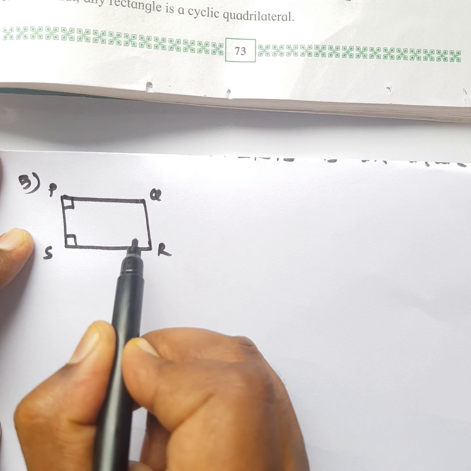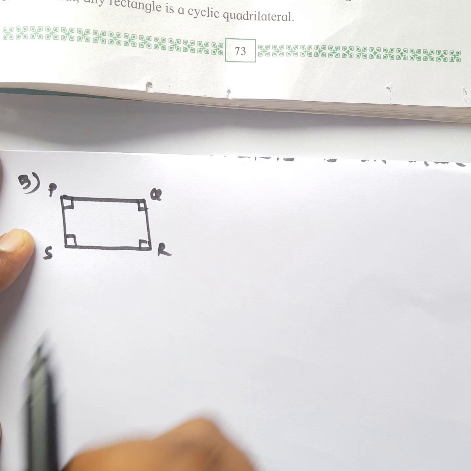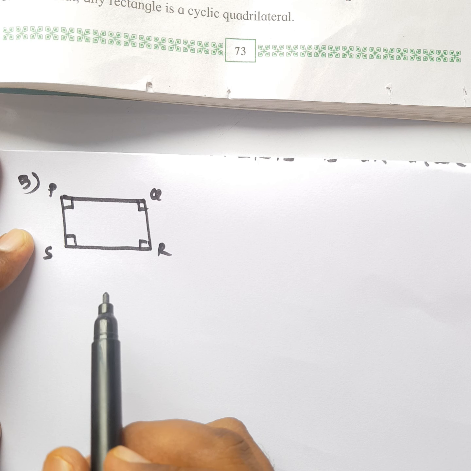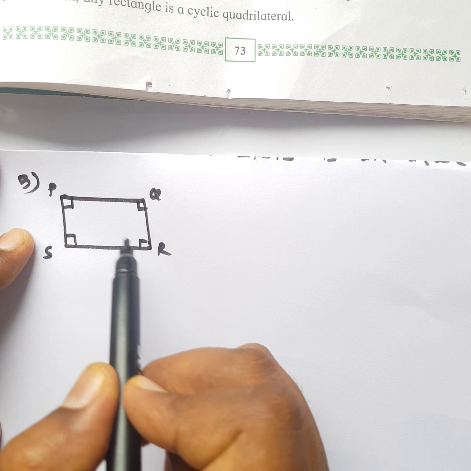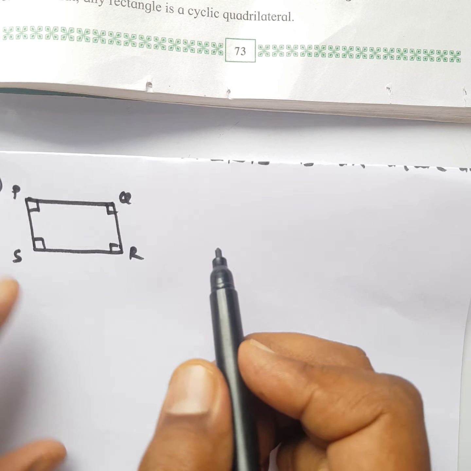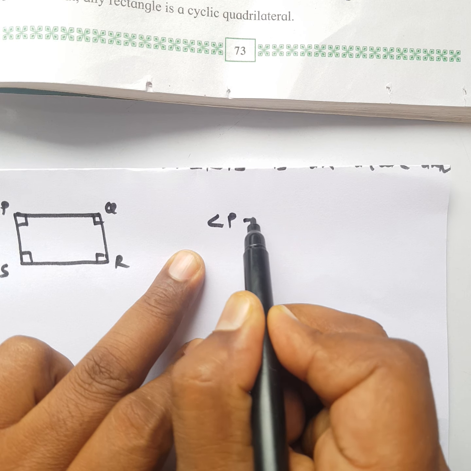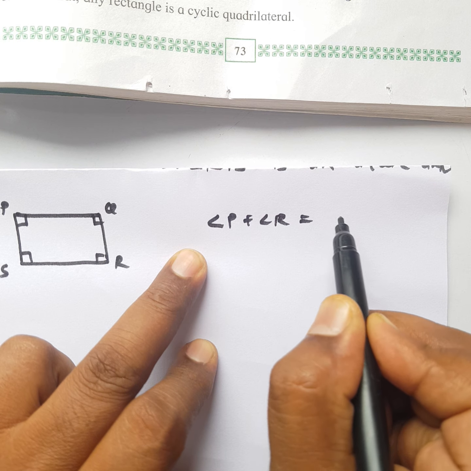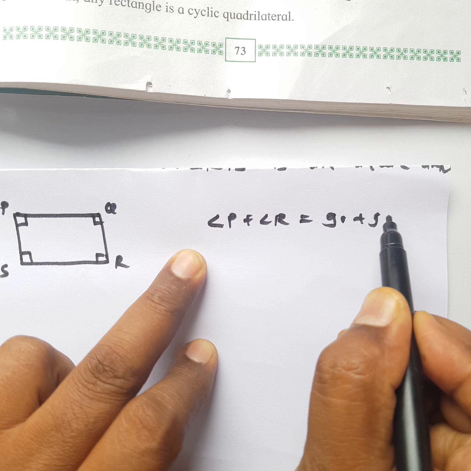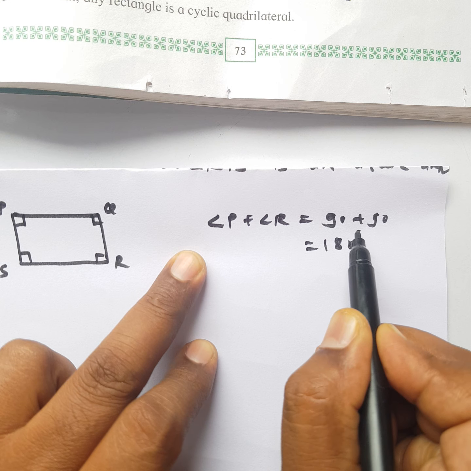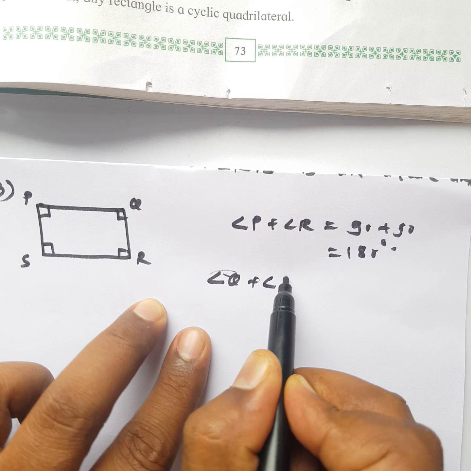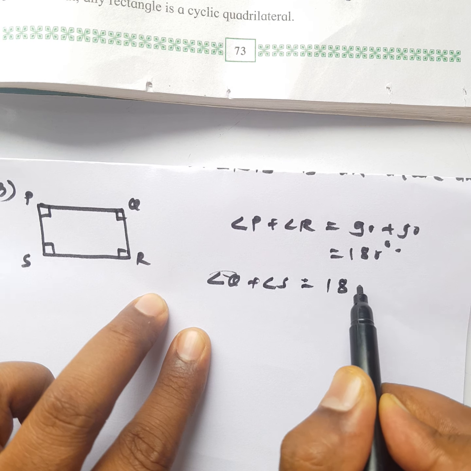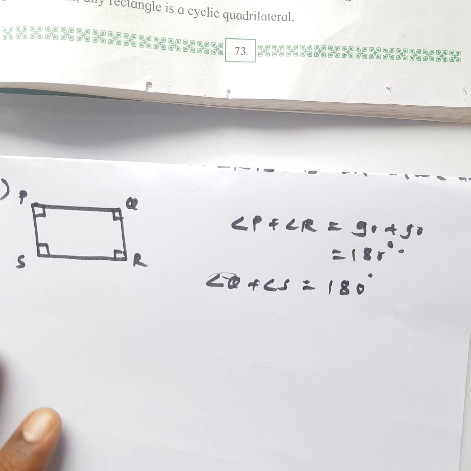All angles are 90 degrees. Means if we add the opposite angles, angle P plus angle R will be 90 plus 90, that is 180 degrees. Similarly, angle Q plus angle S, the sum will also be 180 degrees.